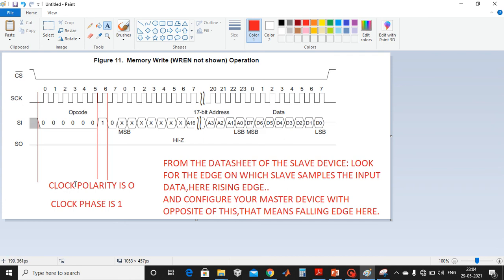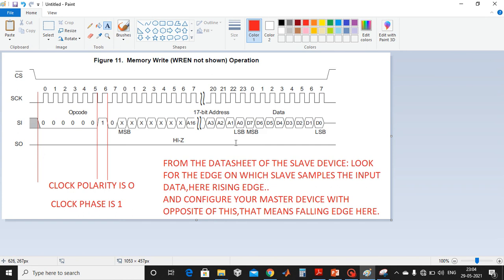So you have to configure these two parameters in your master, and by default this thing will comply automatically. So here data of the master is updating on the falling edge. This is because clock phase is 1. So I hope this part is clear to you.